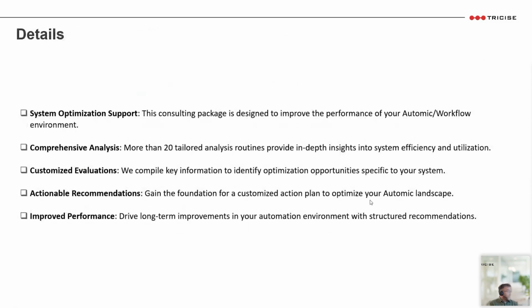So what does it cover? We have system optimization support. One of the outputs of this process optimization pack is a report that counts the number of executions you have on a daily basis, per week, per month.